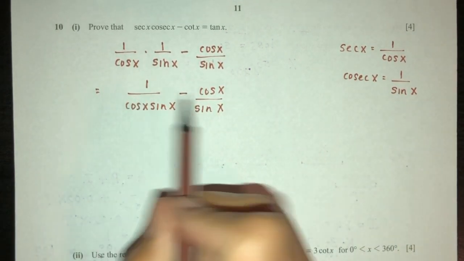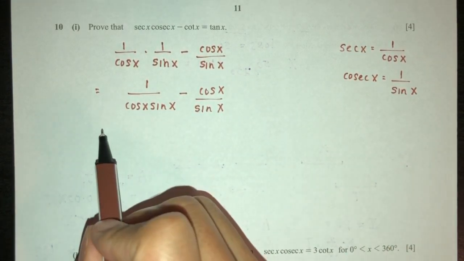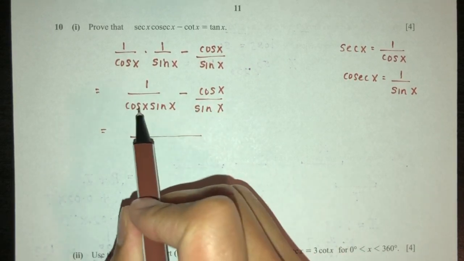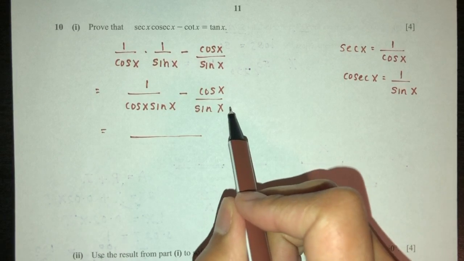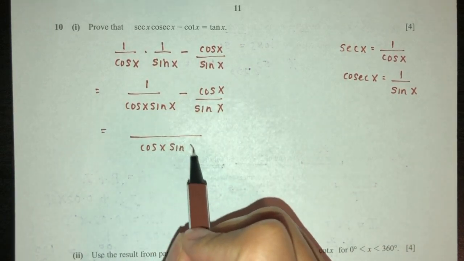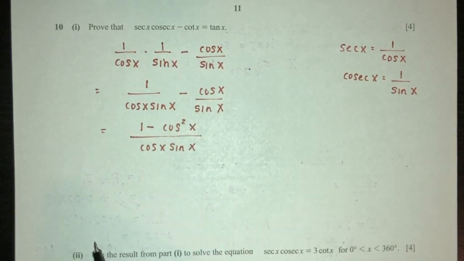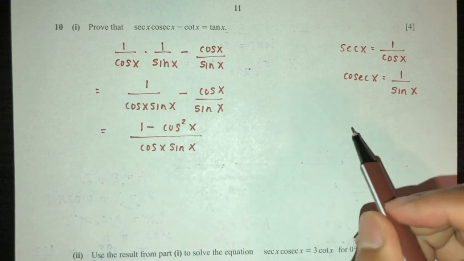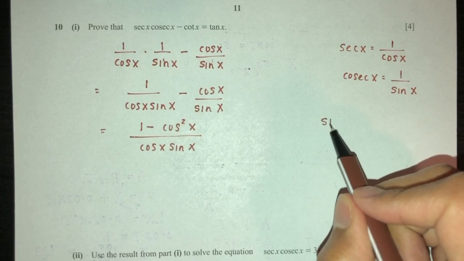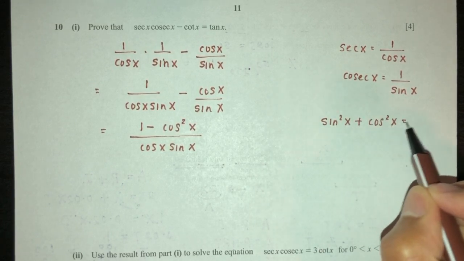Now we have two fractions. The bases are different, so we have to make them become the same base. By using LCM, you will see, how can I make this become this? We have to multiply by cos. You will have cos x sin x, and 1 minus cos square x. Now what is cos square x? So what is 1 minus cos square x? As you guys know by now, we know that sin square x plus cos square x equal to 1.